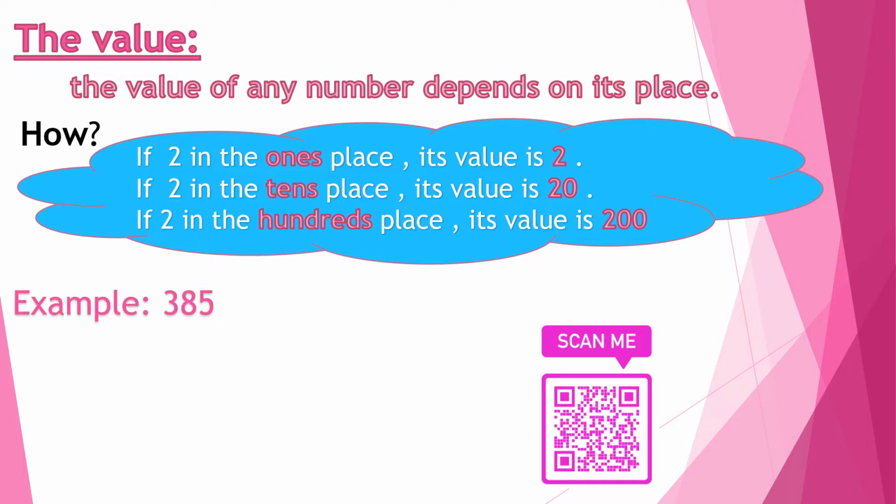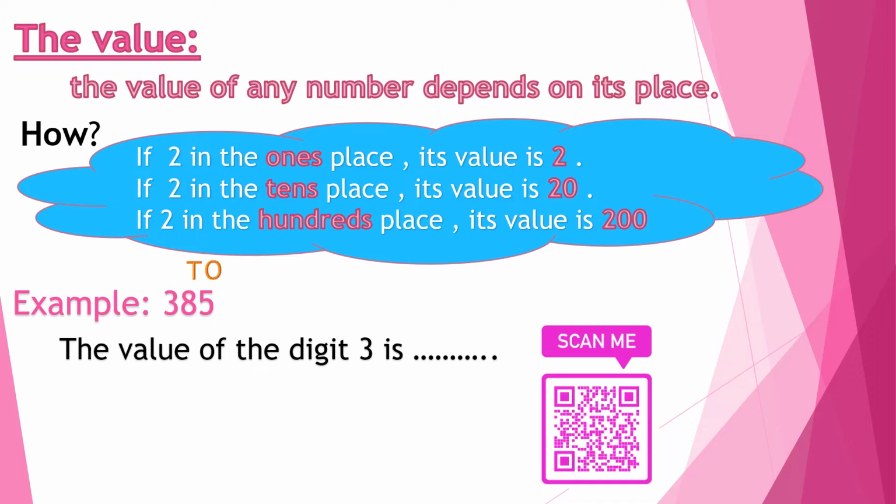Example, 385. The value of the digit 3 is what? Let's put the place above each digit. Ones, tens, hundreds. 3 is in hundreds. Then we write 300.